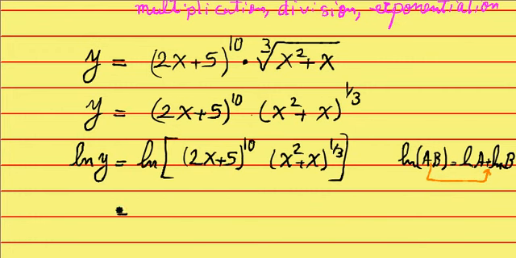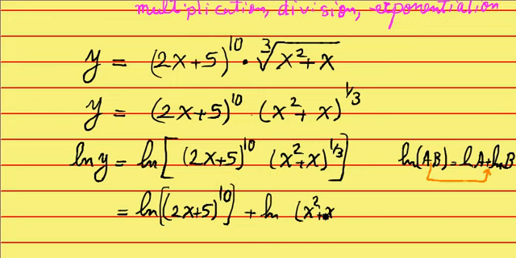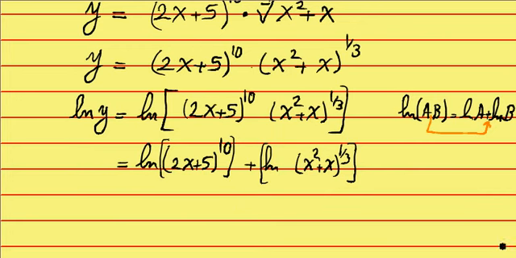So I go ahead and say this is logarithm of 2x plus 5 to the power of 10 and logarithm of x squared plus x to the power of 1/3. Then they are added to each other. The second rule of logarithms is if you have logarithm of a power of something, that power can be brought in front.